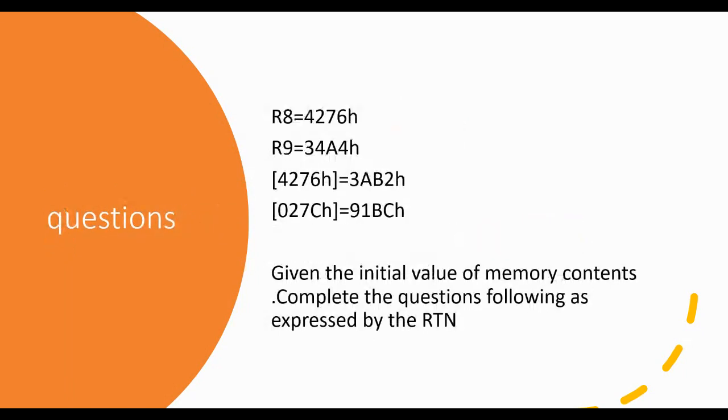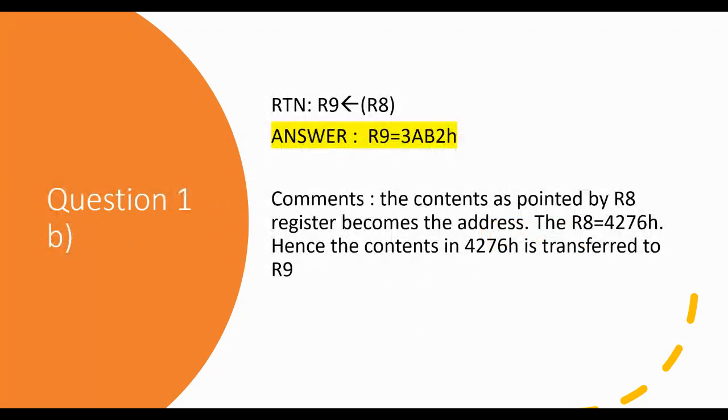R8 equals 4276, and 4276 equals 3AB2. What's inside R8 is 4276, but what's in the memory pointed to by 4276 is 3AB2. So the memory pointed to by R8 is 3AB2.